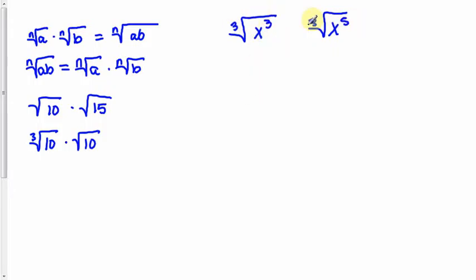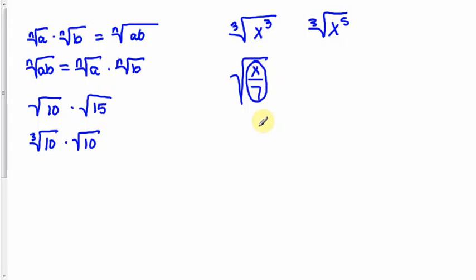Okay? Now, I'm going to show you how to simplify these types of problems in a minute, but right now I just want to talk to you about the 3 steps that say it's in simplified form. Number 2, the radicand cannot contain a fraction. So this is not simplified because the radicand, which is what's underneath the radical, contains a fraction.